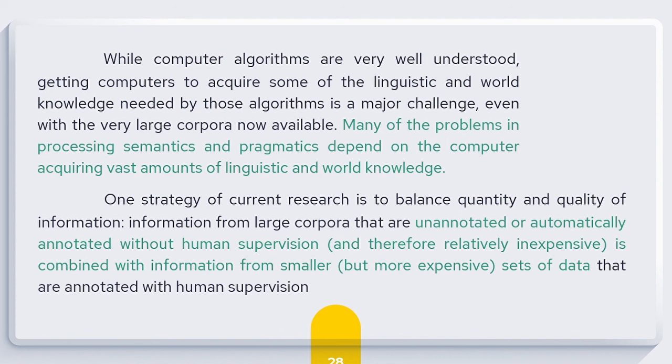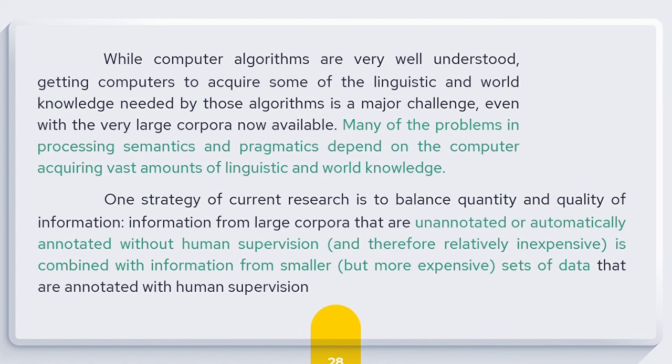One strategy of current research is to balance quantity and quality of information. Information from large corpora that are annotated automatically without human supervision, and therefore relatively inexpensive, is combined with information from smaller but more expensive sets of data that are annotated with human supervision.